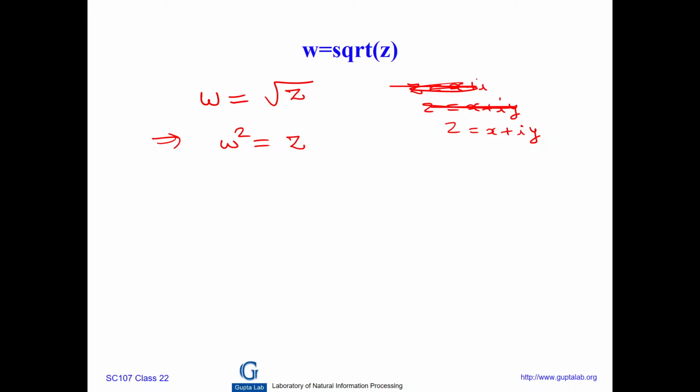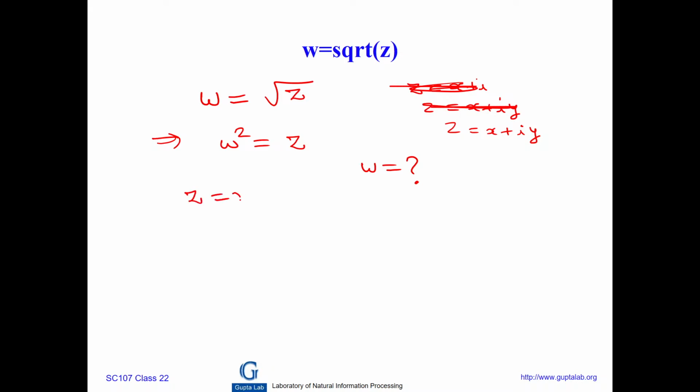How do we solve this? One very simple thing is to just use polar coordinates. z is equal to r times e raised to power i theta, right? And try to find the value of w from that expression. If you put x plus iy, it will be a bit messy and lengthy. Polar coordinates are quite easy here. So I have to find w.